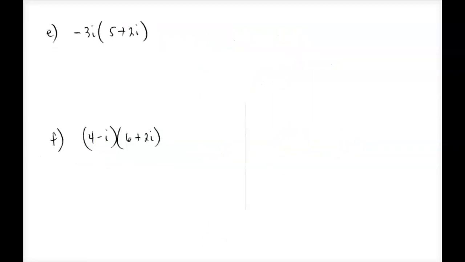So moving on, now we've already done the adding and subtracting. We're going to go ahead and practice multiplying now. So here we have this minus 3i being multiplied times a complex number. So we're just going to distribute. A negative 3i times 5 would be a minus 15i. And a negative 3i times a positive 2i would be a minus 6i squared.